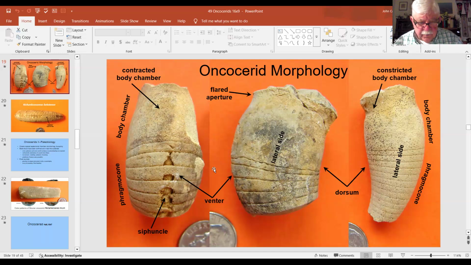So we assume, because these are nautiloids, that these guys grew the same way. What you're looking at here is only about 40% of the conch. The rest of it would be down here with a blunt end, not a pointed end, where the egg was.